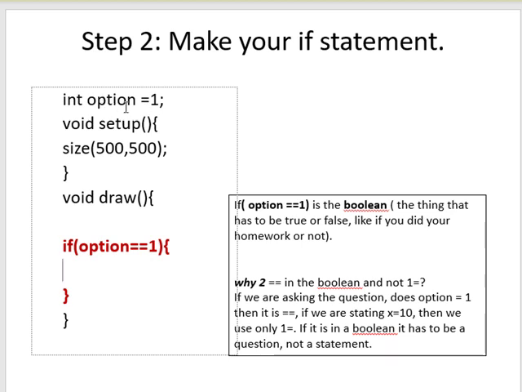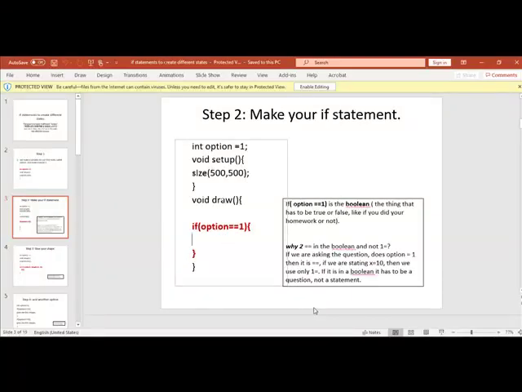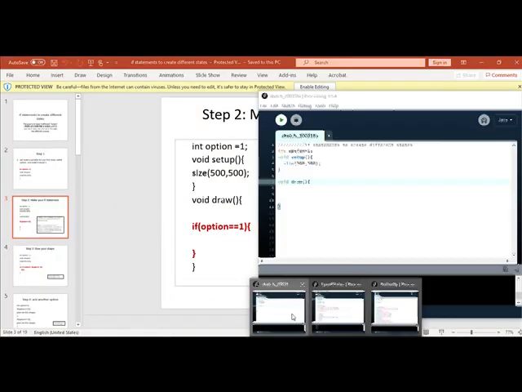This is because I'm declaring option to equal 1. This is its value. But here, this is a question. So if option equals 1, so if that's the value that it equals, it's a question. So that's why I have 2 equal signs and not 1 equal sign. I'm not saying it equals it, I'm asking if it equals it. Anyway, so that's where we are with this.